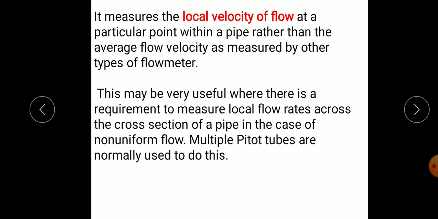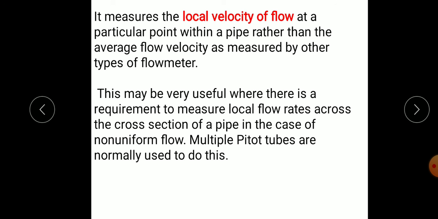So we can see here the local value. We have considered the orifice meter to measure flow rates, but pitot tubes measure local velocities of the flow. If we require the velocities at different points along the flow, pitot static tubes are sometimes used, for example, to measure the velocity of air along aeroplane wings.